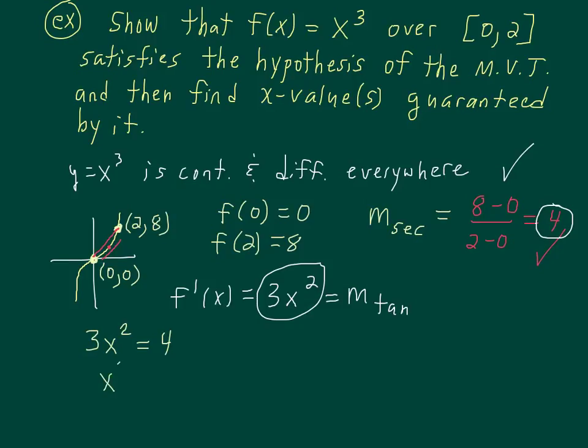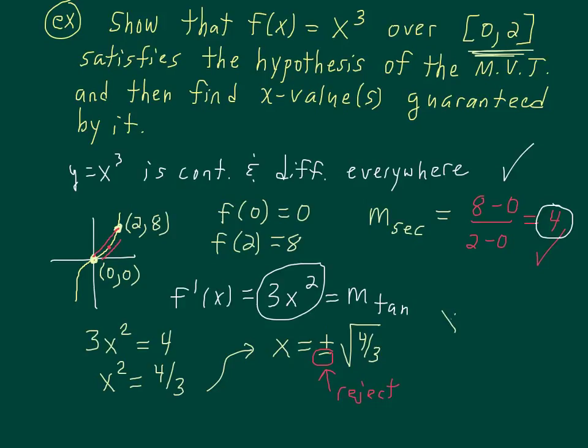So if we solve this, divide our 3 over, we have 4 over 3. x would then be plus or minus the square root of 4 over 3. Now, because our interval is from 0 to 2, we are going to reject this negative because that is not within our interval of 0 to 2.